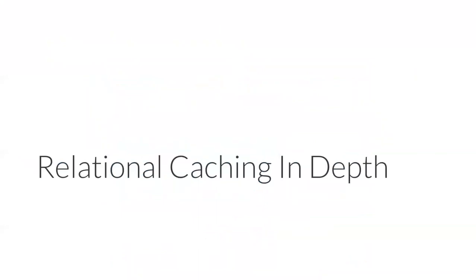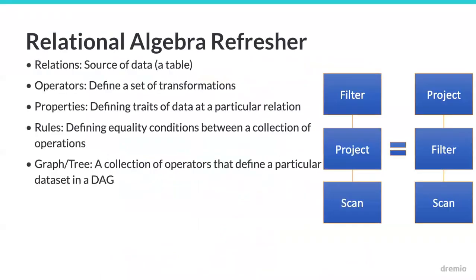So one way to think of data reflections is as a relational cache. I'm going to go into a little bit of depth about what relational caching means. First off, here's a little refresher on some of the key aspects of relational algebra.